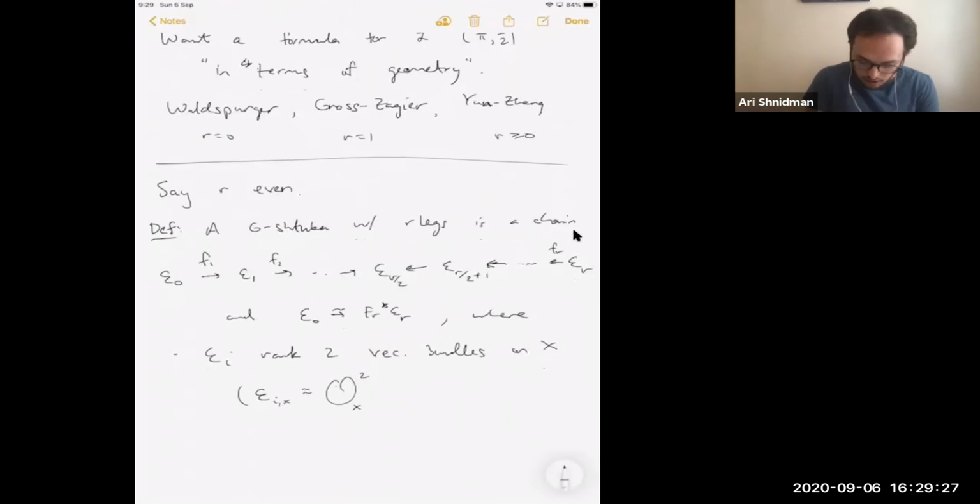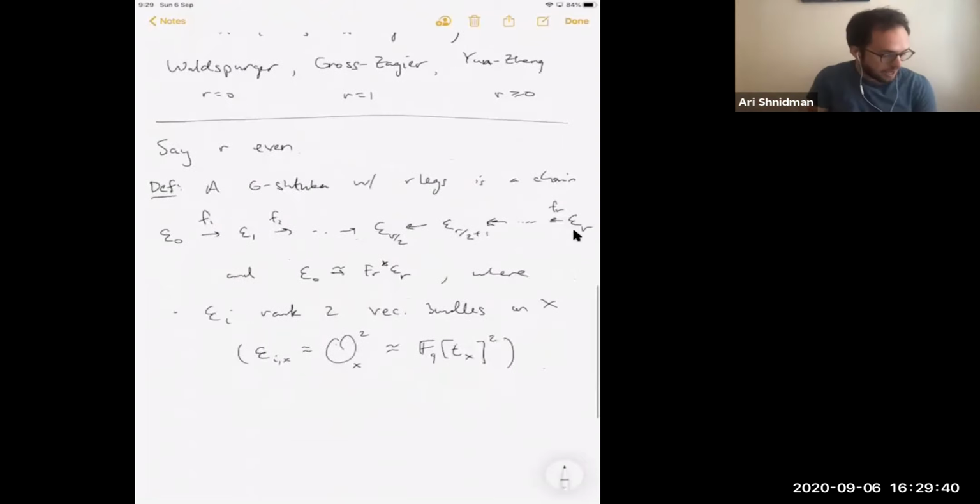And then locally, it looks like just 2 copies of the local ring, OX, which in the function field setting is just abstractly some polynomial ring. And so you can think of each one of these as some family of lattices.